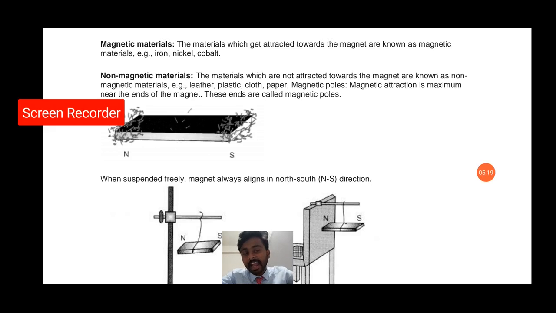Now you can see another one, that is non-magnetic materials. See students, the materials which are not attracted towards the magnet are known as non-magnetic materials.